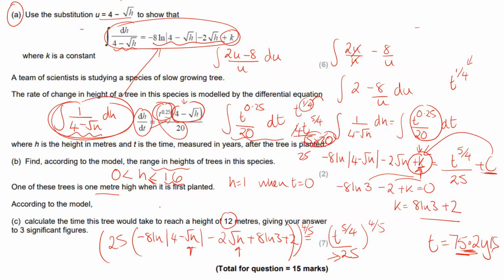You'd be given some information in order to find the k, and then that's the connecting formula. So when you're given some information, when one of the trees is first planted, it was height 1. That information allowed us to find our k, and then once we've found our constant, we could then go on to use the particular solution to the differential equation to find what t was.